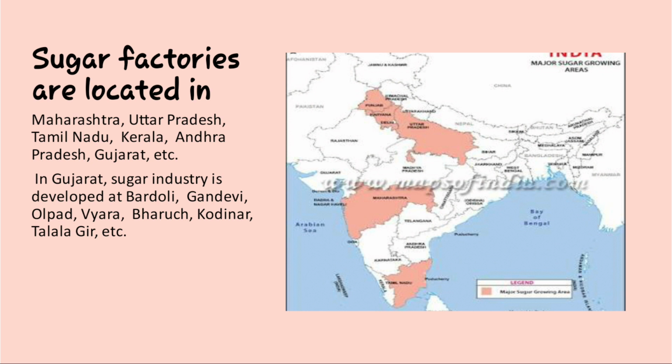In Maharashtra, next come Uttar Pradesh, then Tamil Nadu, Kerala, Andhra Pradesh and Gujarat. In the picture, in the map of India, you will be able to locate the places where maximum sugar is produced.